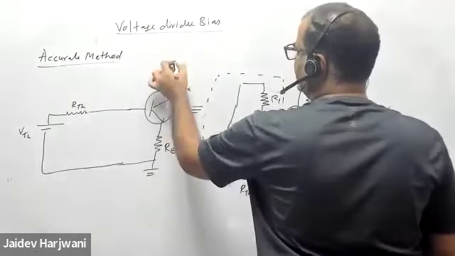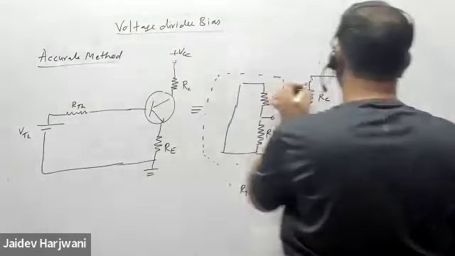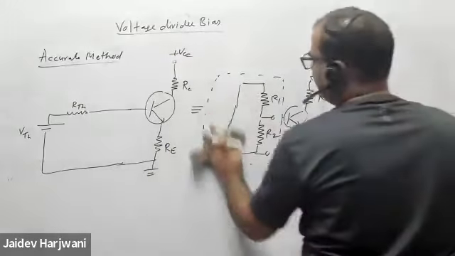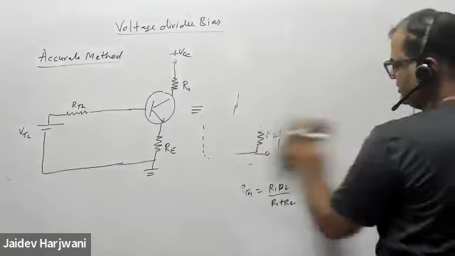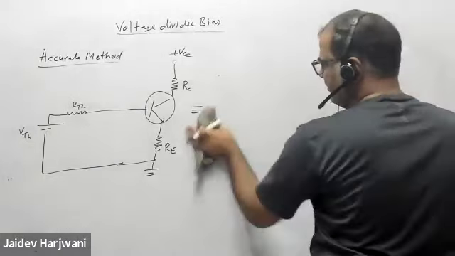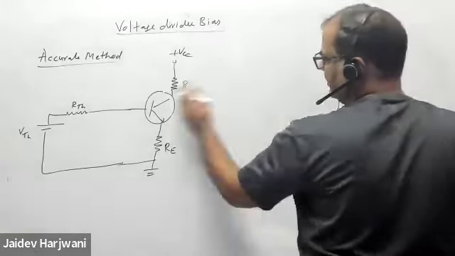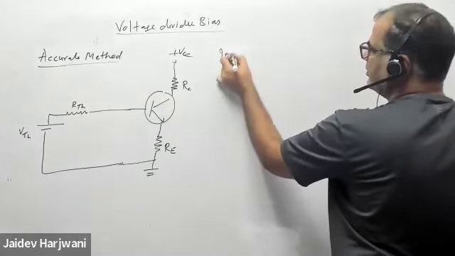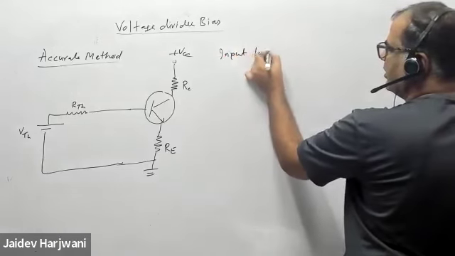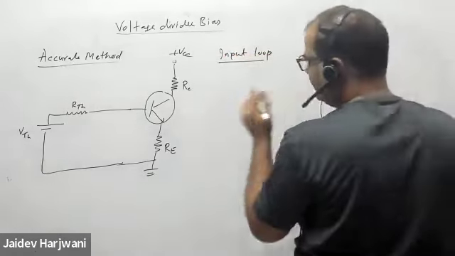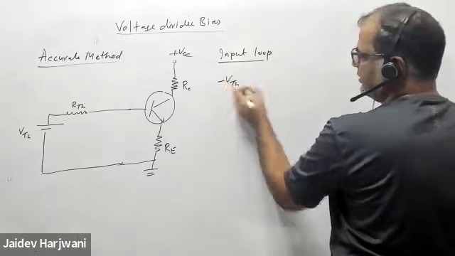Okay, so this is my plus VCC here, and now I can do my calculation like earlier. Now everything is same. You have to write for input, for input loop, minus V Thevenin.